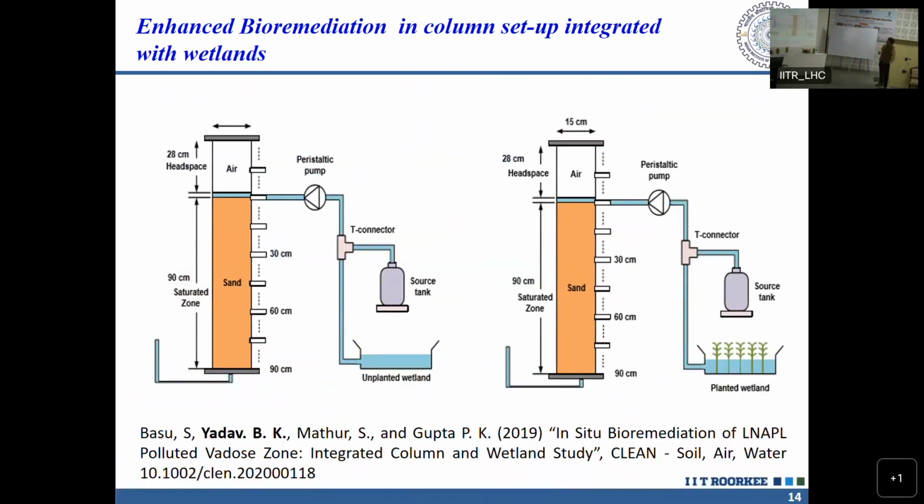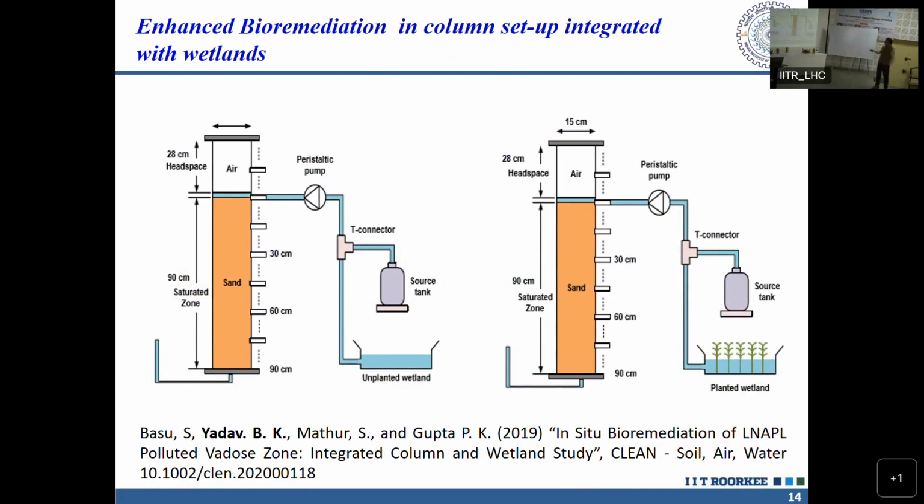Now, thereafter, we also conducted some continuous experiments using vertical column experiments, where the contaminants move through the saturated zone. And then we integrated these column experiments with the wetland to see the impact of the plants.